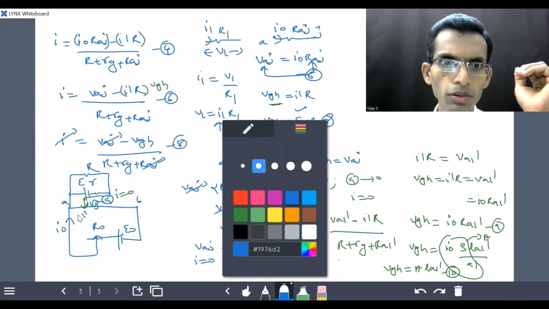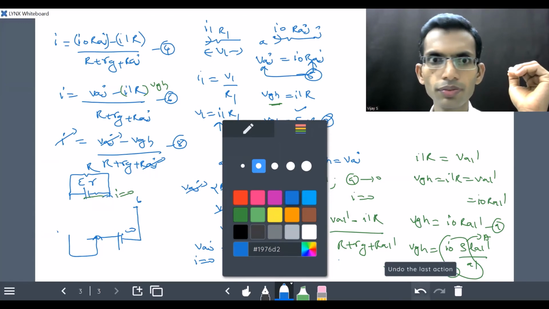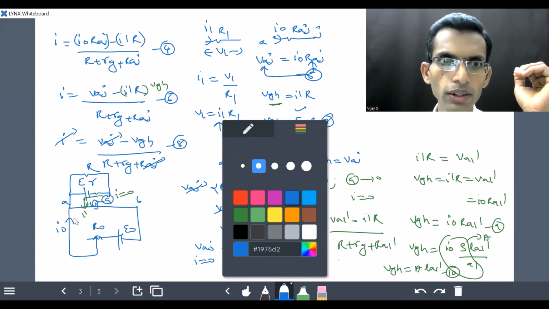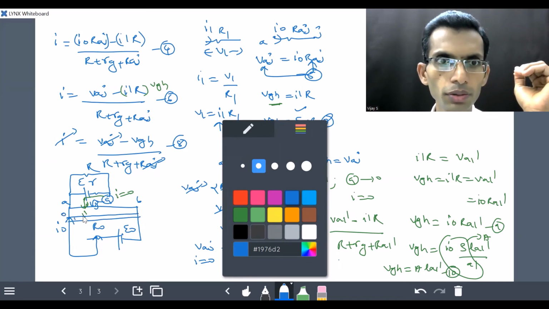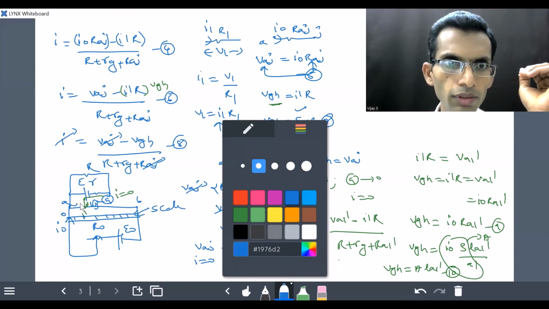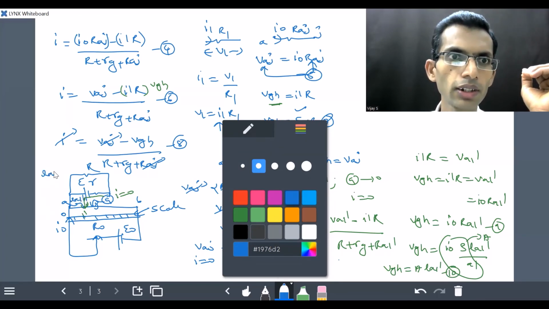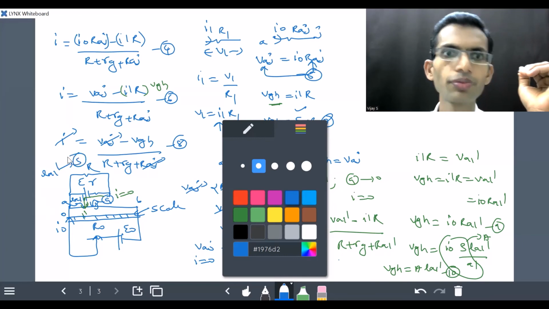Here a scale which is kept below wire AB, where divisions are marked, is used to measure the length of the wire between A and 1' for which the galvanometer shows 0 deflection. So LA1' is measured with the help of the scale.